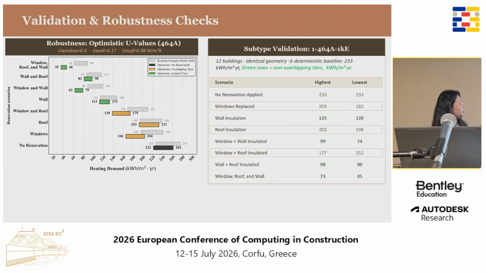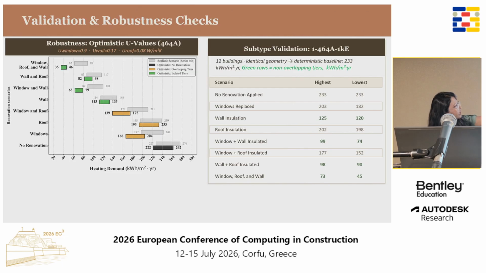We have also tested the same method on the subtypes of this building series. The subtypes are basically different variations inside the series. If they have similar geometry, they are under the same subtype.